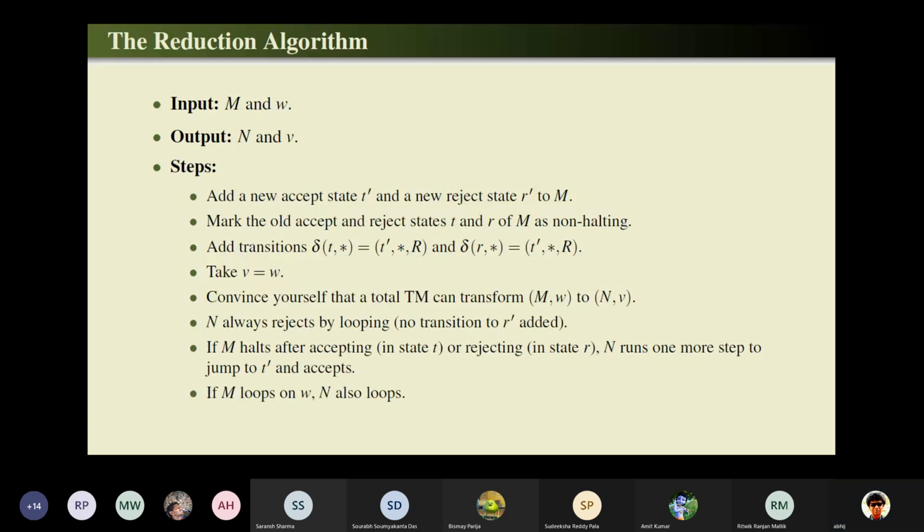And if M loops on W, N also loops on V, which is same as W. Therefore, this reduction algorithm is correct. M halts on W if and only if N accepts V. Happy?